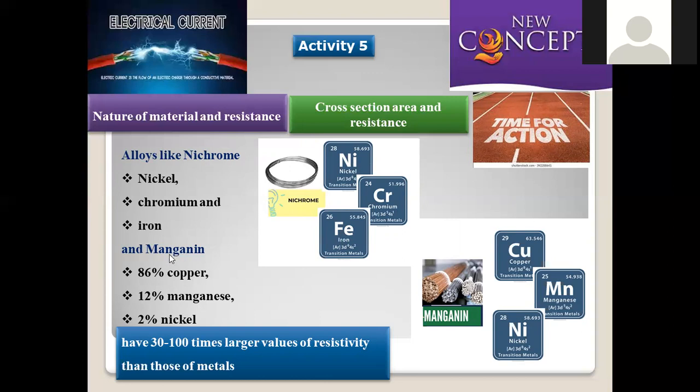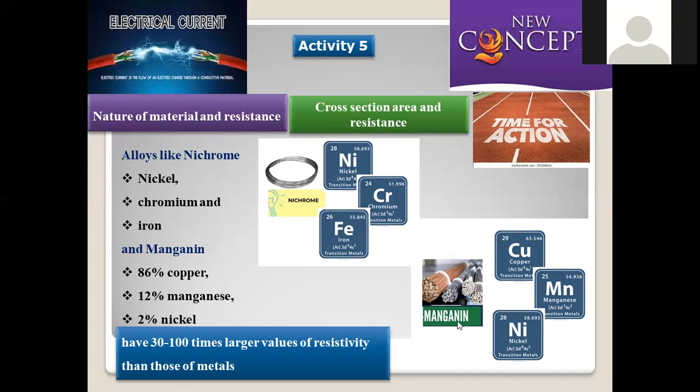Then manganin. Here it is the alloy form of manganese, where copper is the highest proportion compound in this. Here we have nickel also. So manganese, copper, and nickel are the important components, where 86% prominent material will be copper itself.